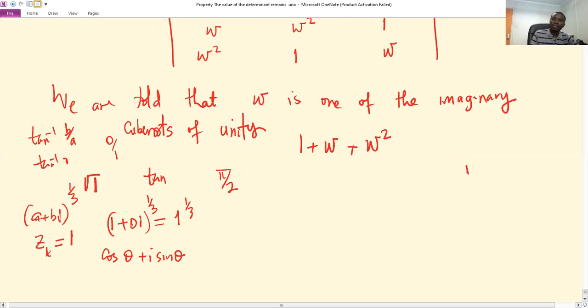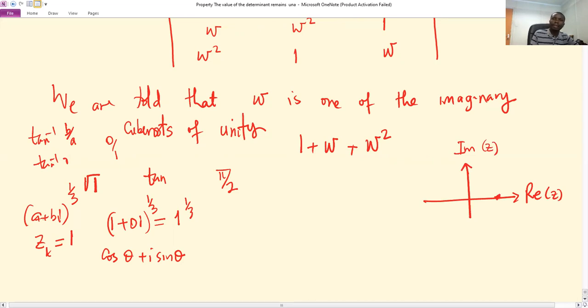Remember, if you are to plot 1 on the Argand diagram, so this is the imaginary axis, this is the real axis, then 1 would be somewhere here.